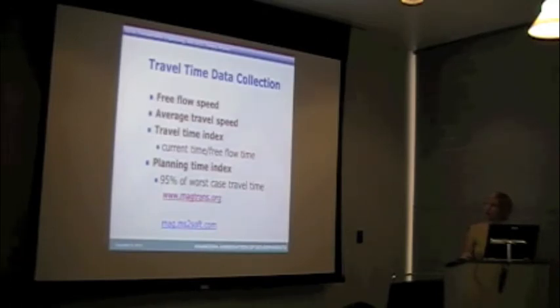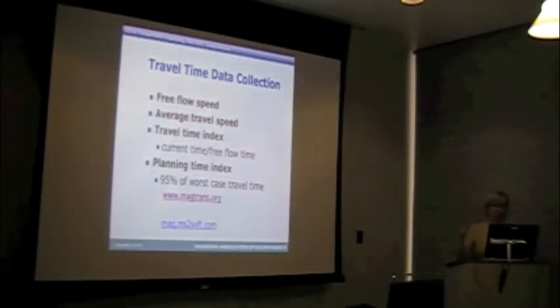Another measure for level of congestion would be the planning time index. On this site, if you push on a particular part of the road, it gives you a graph for the planning time. So the software keeps track of the differences of travel time over a time period, and it captures the worst situation.